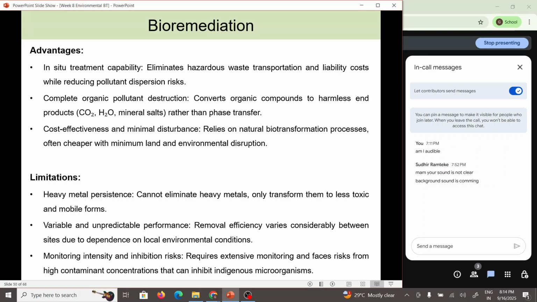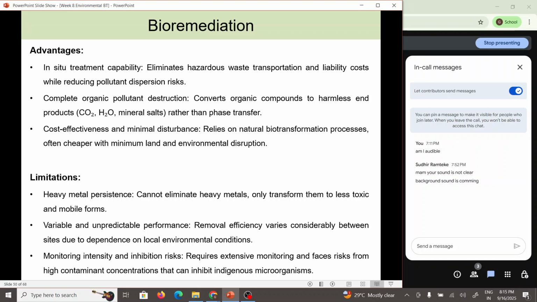So the bioremediation process turns out to be variable and unpredictable, and this unpredictability arises from the biochemical nature of the microorganisms as well as the environmental conditions. When there is a slight difference in moisture content, pressure, temperature, or other factors, the output is going to be variable.